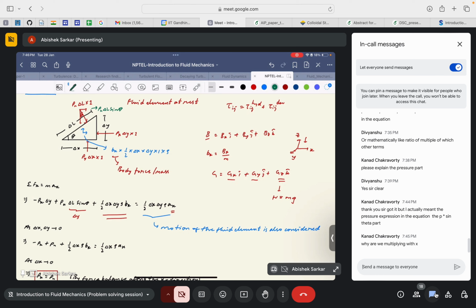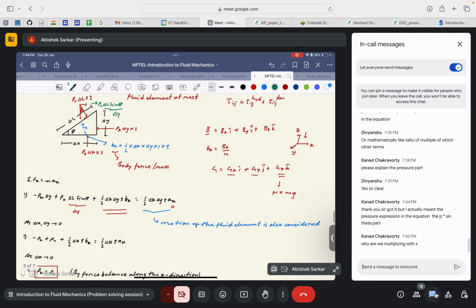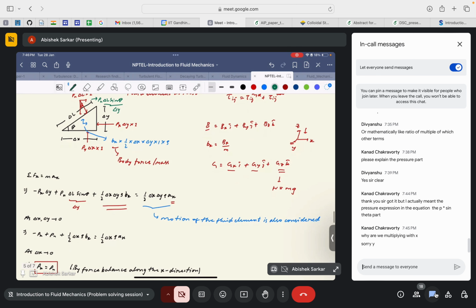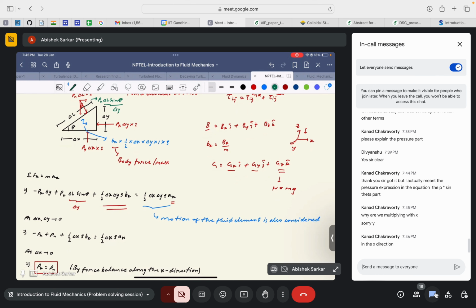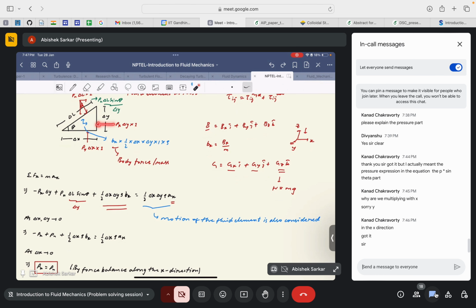We can see that delta L sine theta is delta y, because this is the surface area.